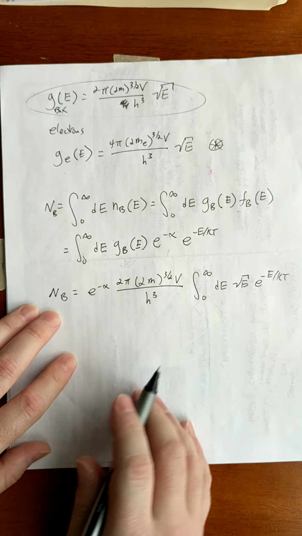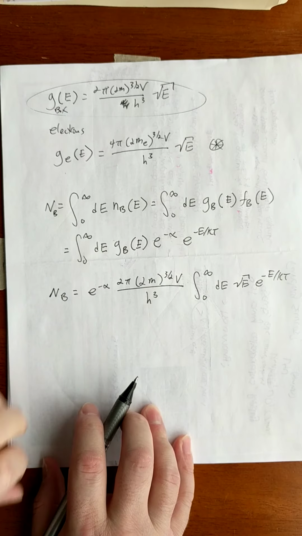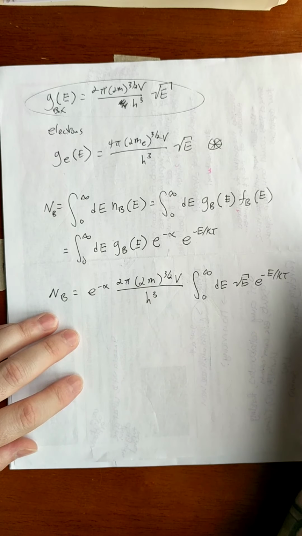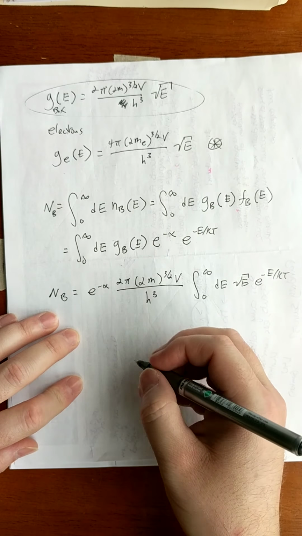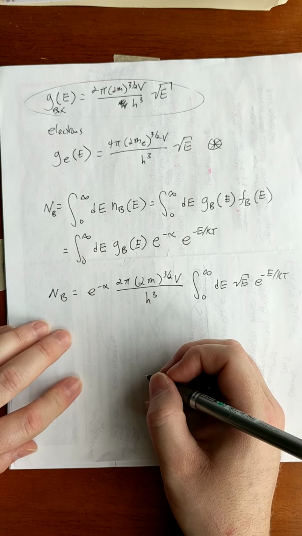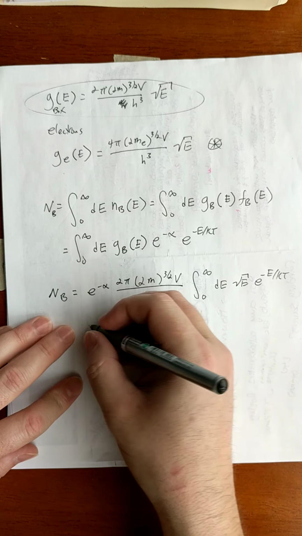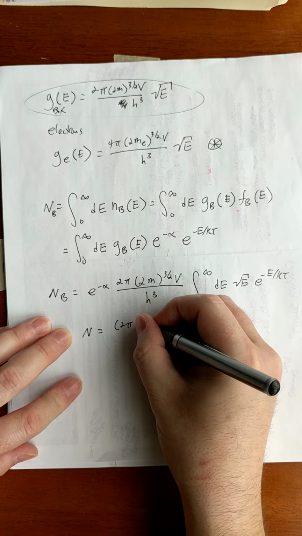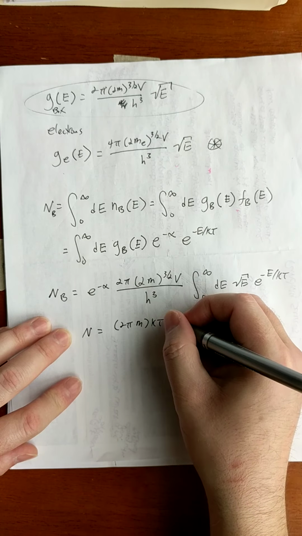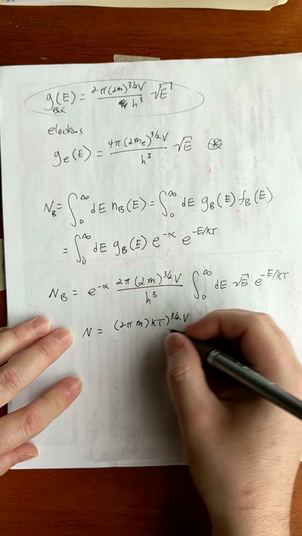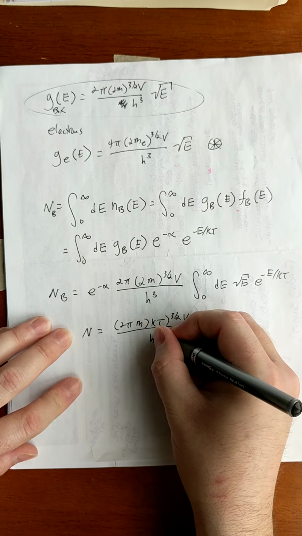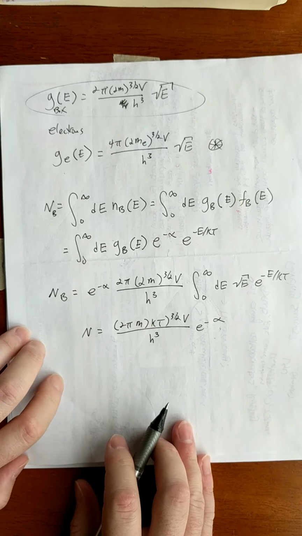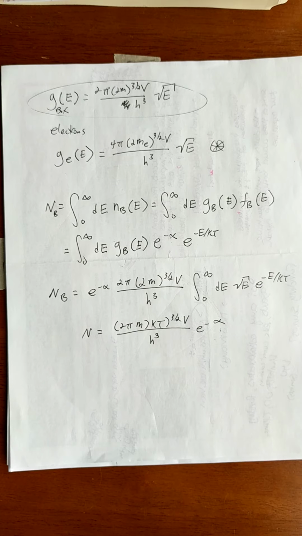So this integral is something that we can look up, or we can do it with a change of variables and a couple other clever tricks. So then we get N equals (2 pi m kT)^(3/2) V over h cubed, e to the negative alpha. And if we want to know this alpha, we can just invert this equation. Okay.